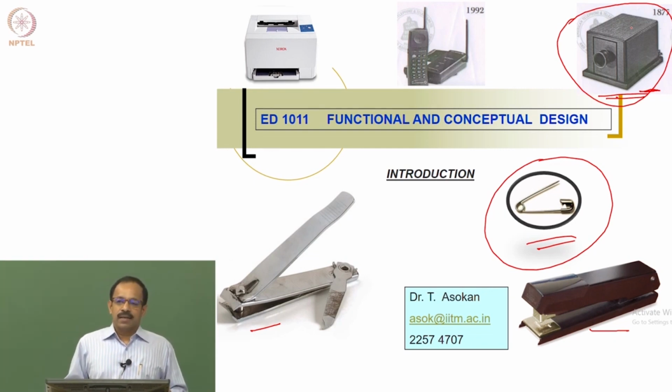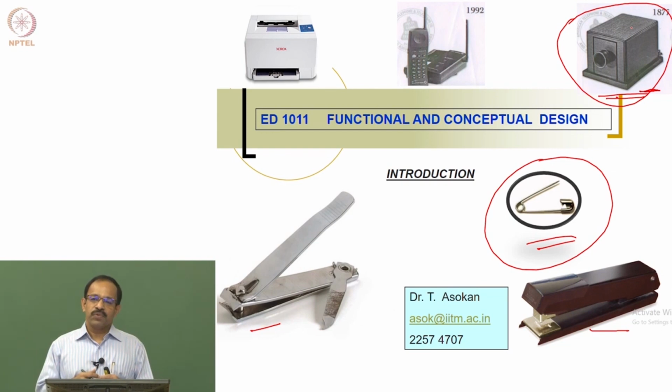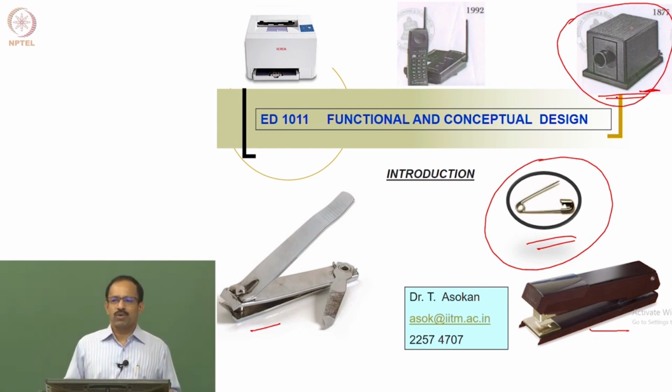But then people started working on it. They came up with better design, better functionalities and many things. In the case of safety pin, nobody could come up with a better, simpler design which will meet the same purpose of its use, right?